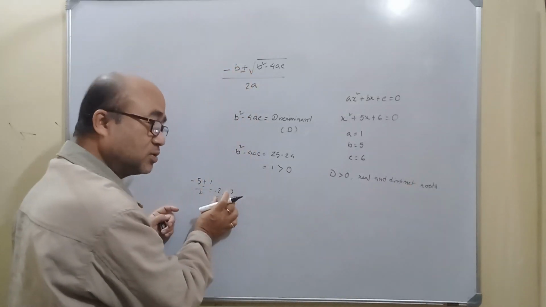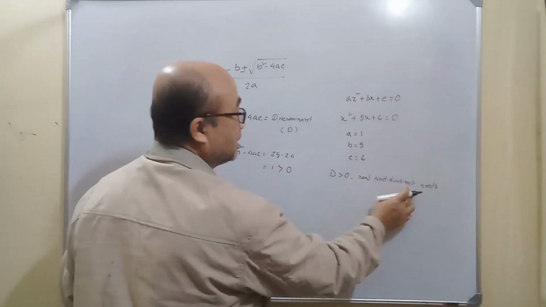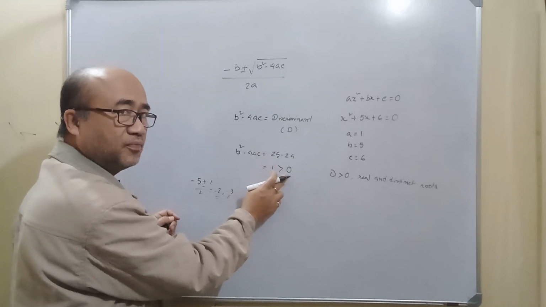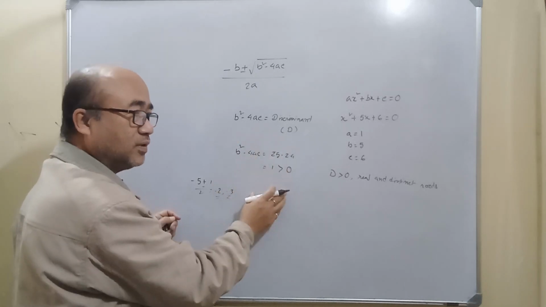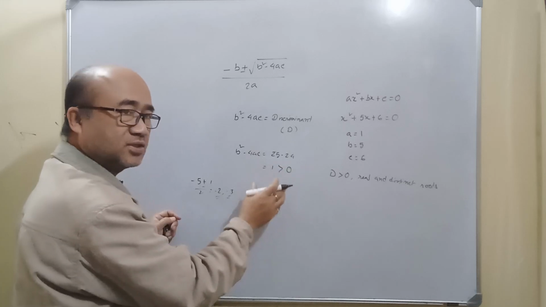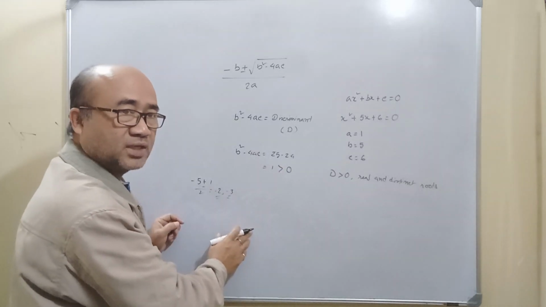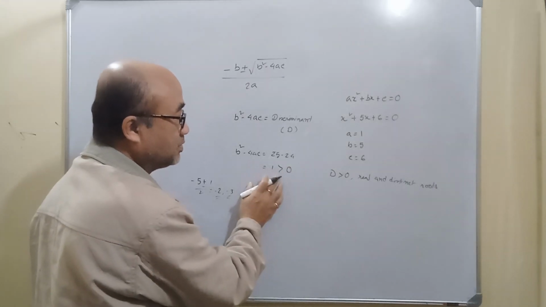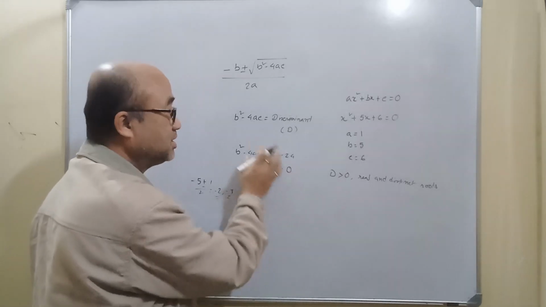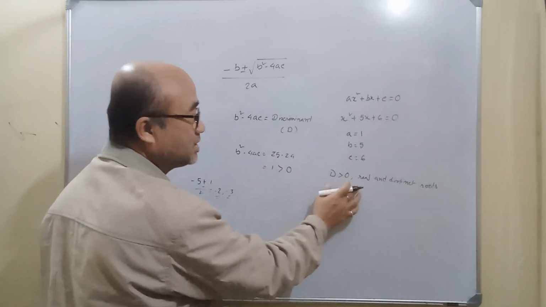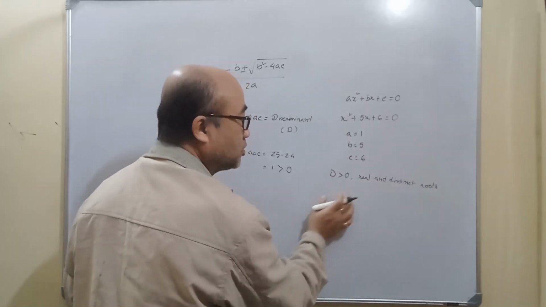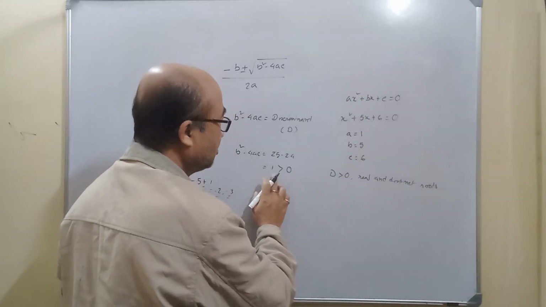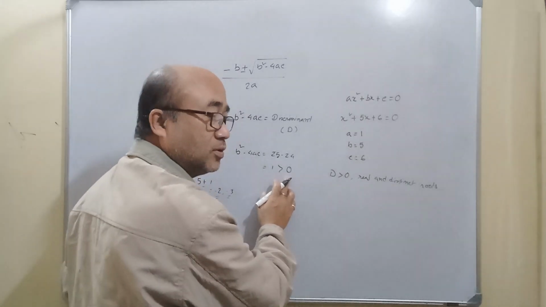We get two roots which are real and distinct. So every time you get a value greater than 0 when you solve a quadratic equation, just experiment it yourself. When the discriminant is greater than 0, you will always get real and distinct roots. Two roots, both are real and distinct. Condition is discriminant must be greater than 0.